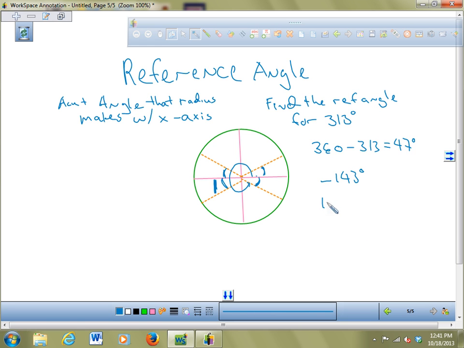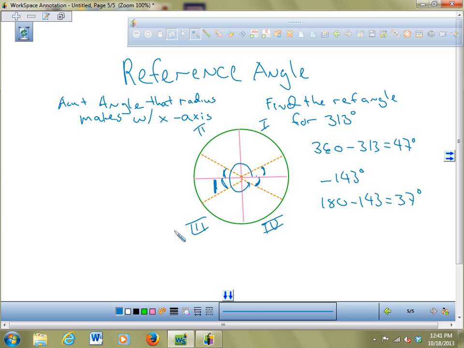So we go 180 minus 143, and the reference angle is 37 degrees. Isn't that the third quadrant though? Yeah, that's what I said. Oh, sorry, so that's 3, that's 1, that's 2. Okay, 1, 2, 3, 4th quadrant. That's a pretty picture, isn't it? Looks kind of cool.